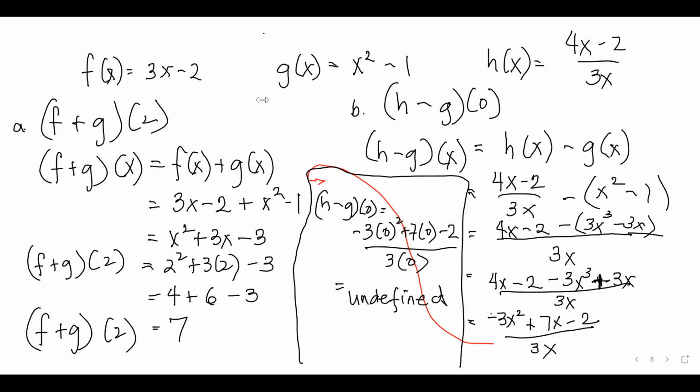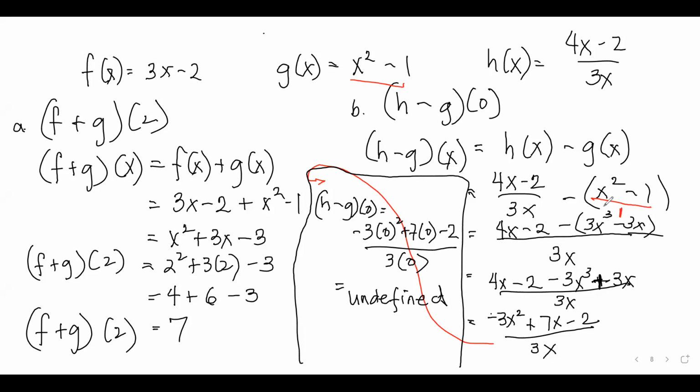Sir, bakit po naging 3x cube minus 3x yung sa may B po? Okay. Sige, sige. Dito kasi, ang ating g of x natin is x squared minus 1. Kailangan nating iangat sa denominator itong x squared minus 1 para masama natin siya sa 3x. Kumbaga para tayo nag-LCD pag nagso-solve tayo ng equation, pero dito may imaginary tayong denominator na 1.